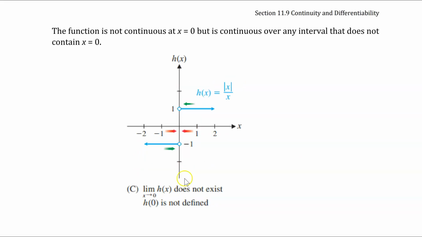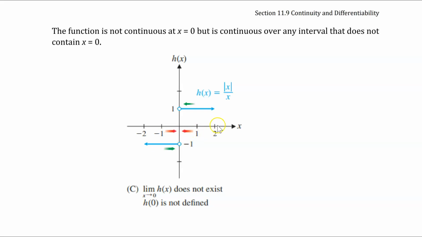Another example. This graph here is a graph of a function that is discontinuous at x equals 0. As you can see in the graph here, the graph has a jump at x equals 0. And also, the limit of the function as x approaches 0 does not exist, because if you evaluate the limit of the function as x approaches 0 from the left, you get -1.